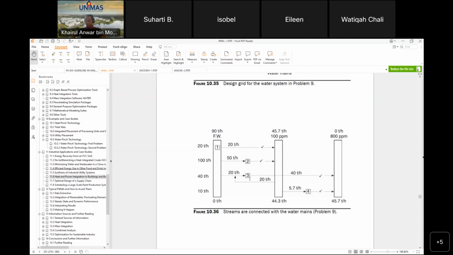For the third one it is 20 ton per hour in. And for the next part it is 40 ton per hour, operation 3 here, see? Because this is a mass balance, it should be similar. And for the last part is 5.7 ton per hour for operation 4.